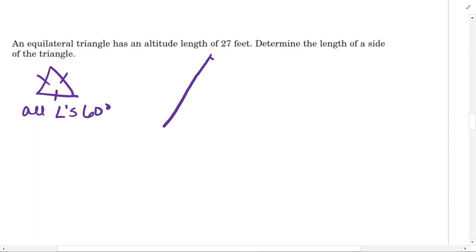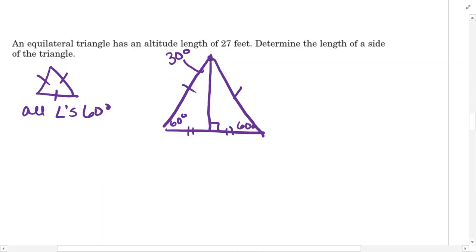If we look at an equilateral triangle and at the altitude, which goes from the vertex to the opposite side perpendicular, each of these angles here would be 60 degrees. All the sides would be congruent. In an equilateral triangle, the altitude cuts the base into 2 equal portions and the angle into 2 equal portions. So we have a 30, 60, 90.